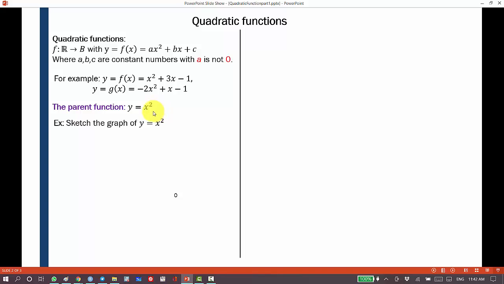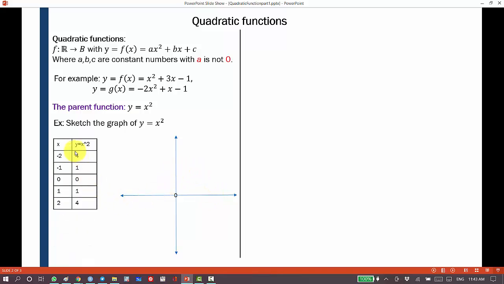Let's start our study of quadratic functions with sketching the graph of y = x², the parent function. Obviously, we go ahead with our xy coordinates and give some values to x and find the corresponding y values. Since the domain of this parent function, and in general of all quadratic functions, is all real numbers, we can give any value to x, such as −2, for which x² is 4, −1, for which y is 1, and so on.